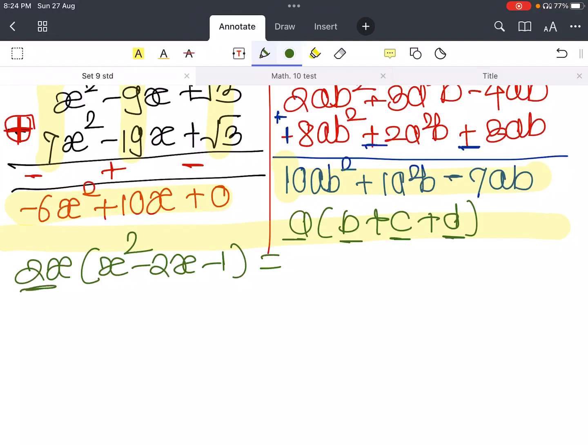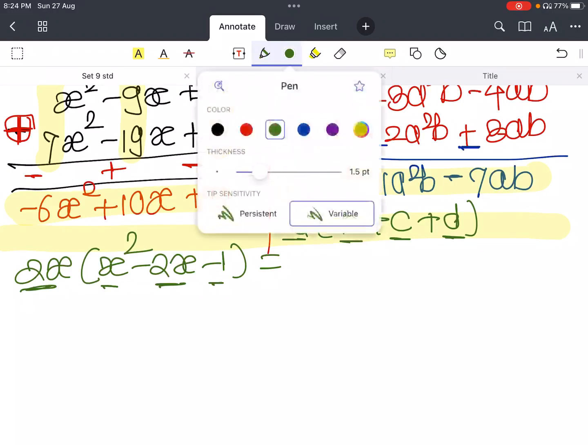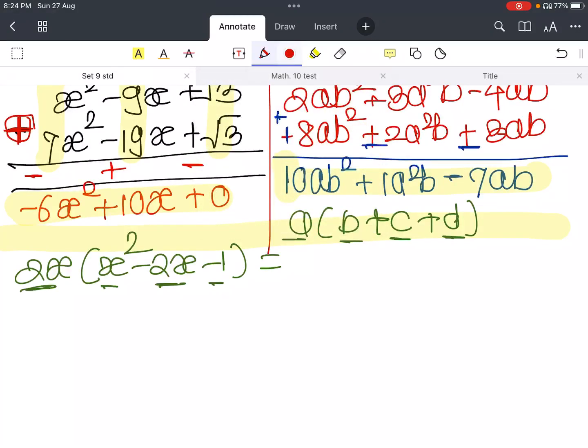Similarly, this 2x will multiply with x square, minus 2x, and minus 1. So you have to write it like that: 2x into x square, minus 2x into 2x, minus 2x into 1. Clear?